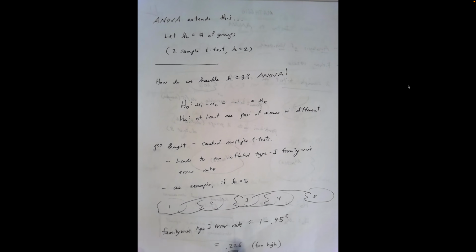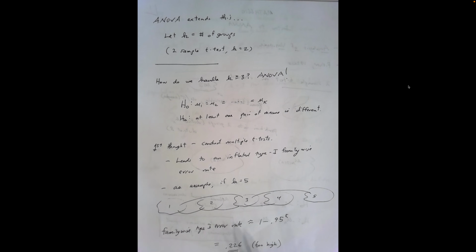We can approximate the family-wise type 1 error rate to be about 23%. So every time we conduct this study with k equal 5 groups, if we approach the equality of the group means by doing multiple comparisons, about 23% of the time we're going to commit a type 1 error, right?